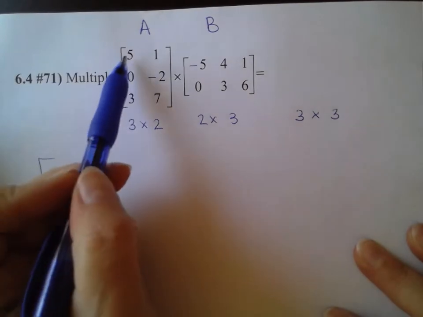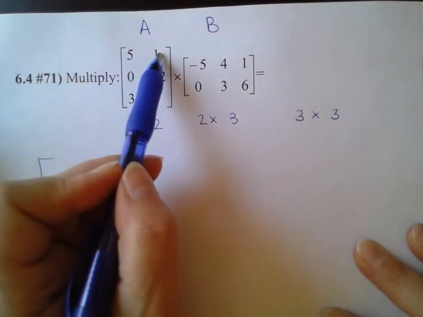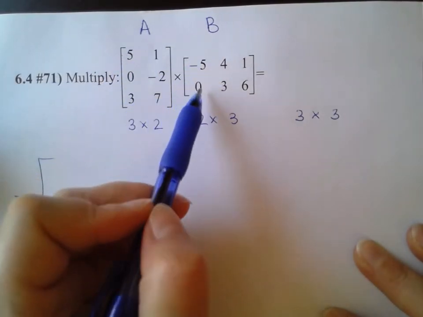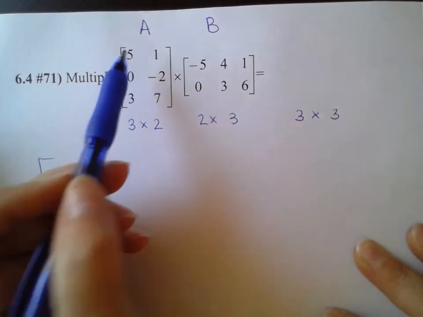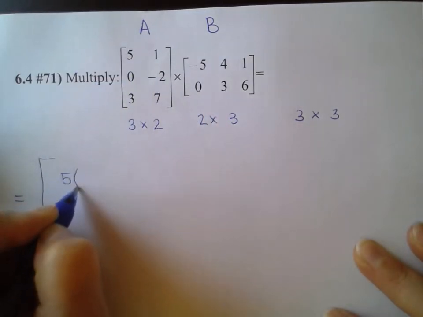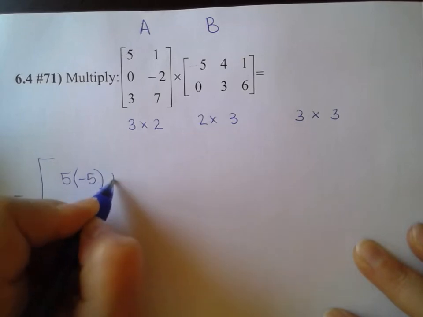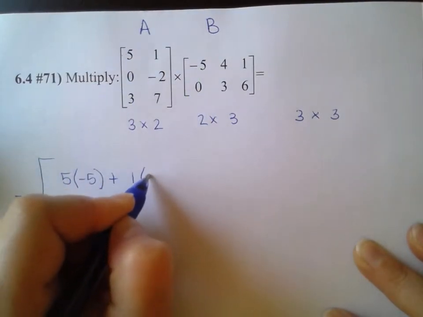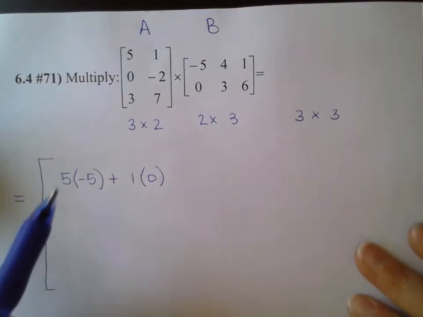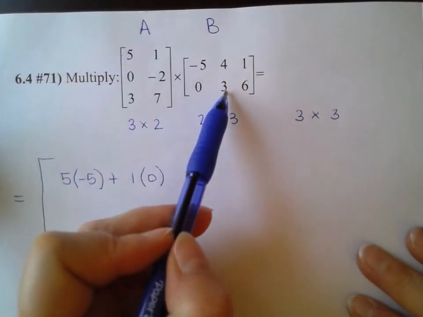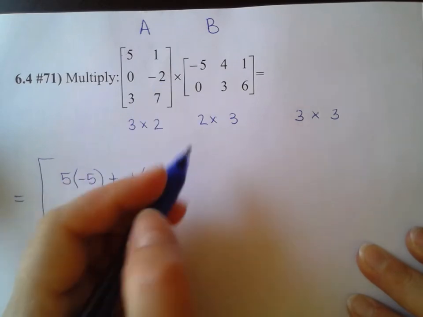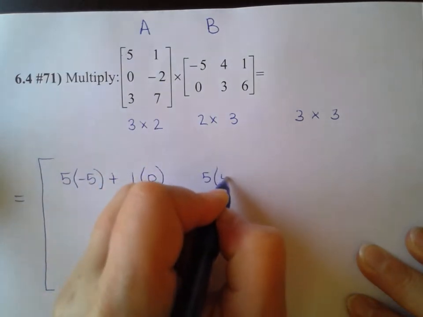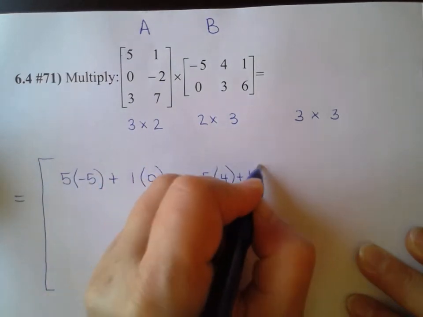Okay, so we want to multiply the first row of A by the first column of B. So that means 5 times negative 5 plus 1 times 0. Then we're going to do the first row times the second column. 5 times 4 plus 1 times 3.